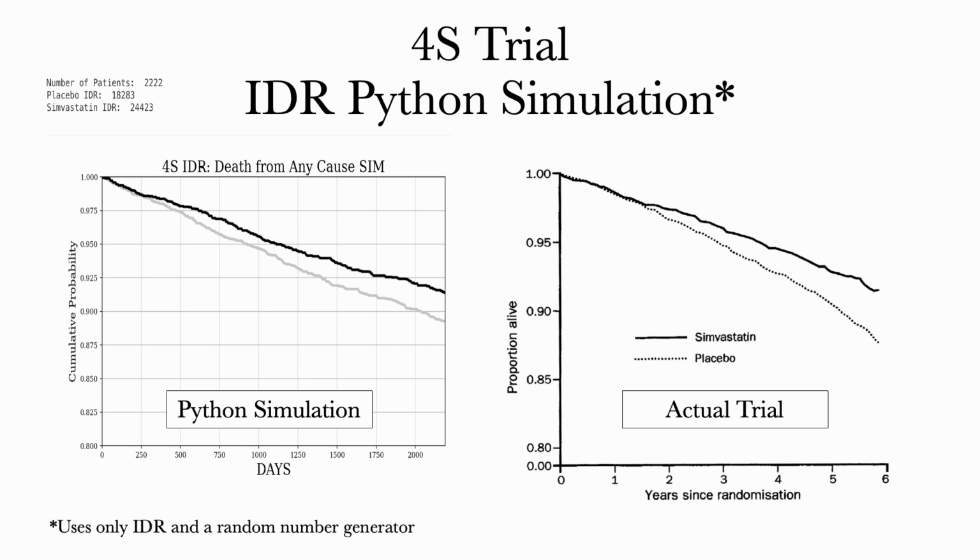The proportion alive is exactly the same. And that's the miracle of this individual daily risk calculation, is it allows you to simulate, to recreate a randomized controlled trial on your iPad, because the math involved, which I'm not showing you in this slideshow, is actually imitating nature.